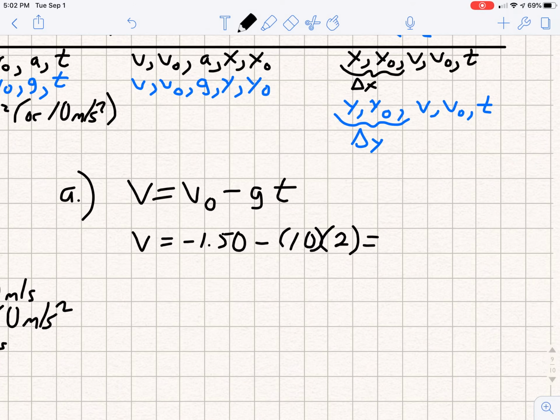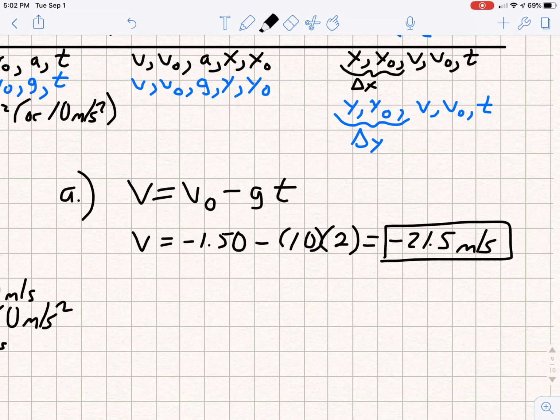And 10 times 2 is, of course, 20. Negative 1.5 minus that is negative 21.5 meters per second. What does this velocity mean? It means after 2 seconds, the mailbag has a speed of 21.5 meters per second going downward.